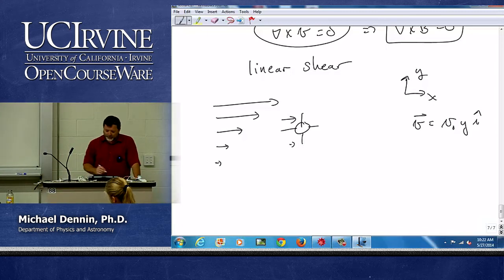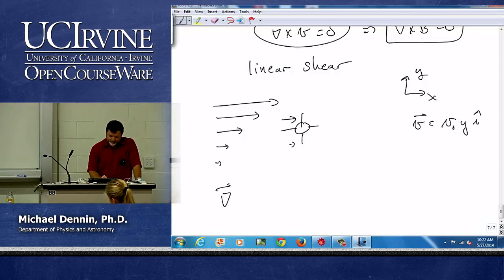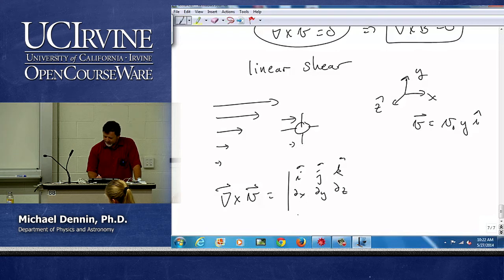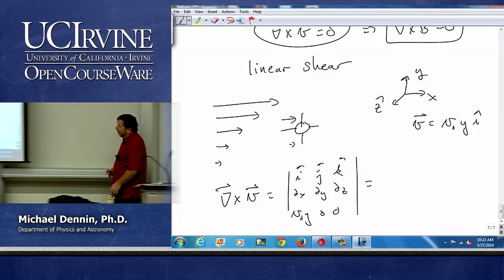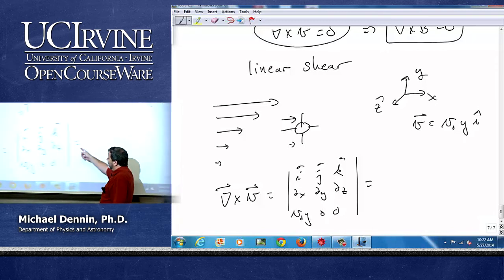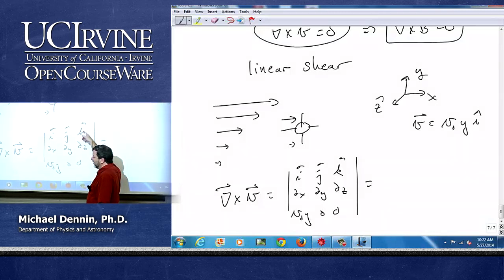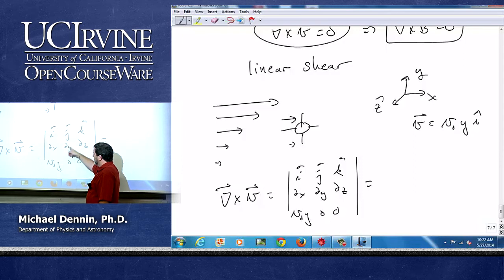And now kind of the cool thing is, so let's look at it. We have i, j, k, we have d/dx, d/dy, d/dz, and we have v naught y, 0, 0. And so the curl is going to come out as k hat times the negative d/dy of v naught y.